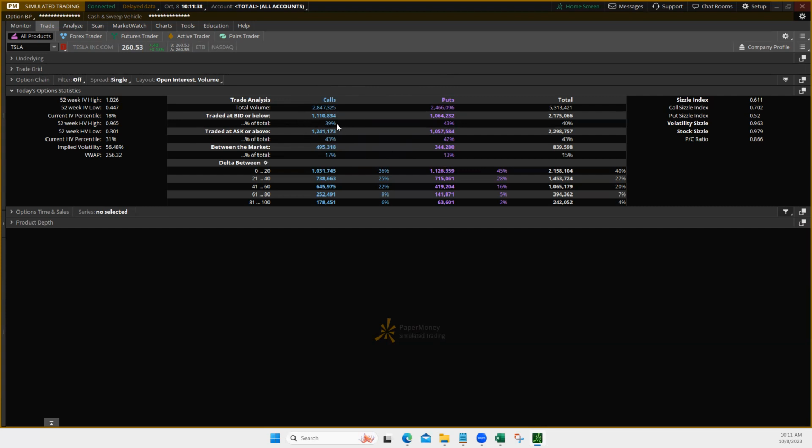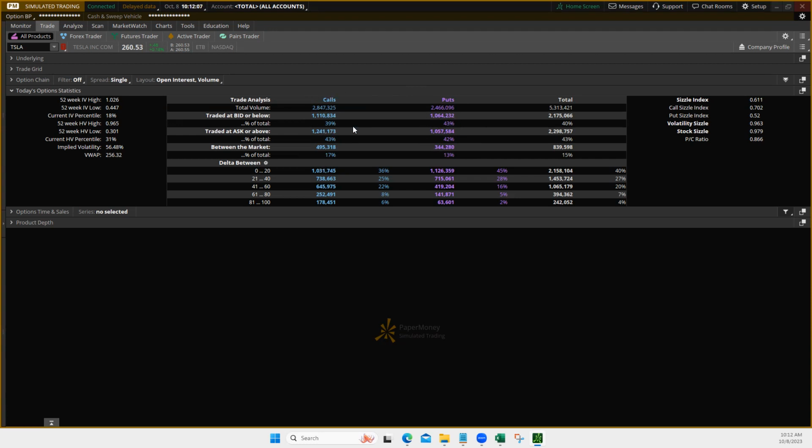If the total number of calls traded at ask or above is significantly higher than those sold at bid or below, which means the total number of option contracts people are buying is very high compared to what the market makers are selling, it means that the price is supposed to go up. And vice versa, if you see the total number of puts traded at ask or above is lower compared to those sold by the market makers, again a bullish scenario.